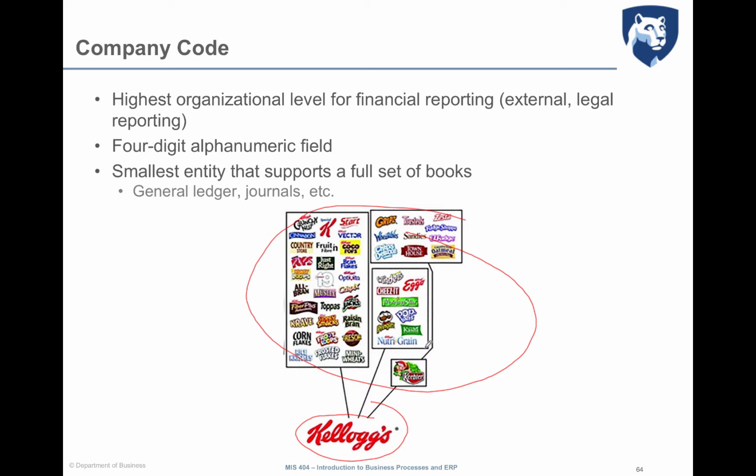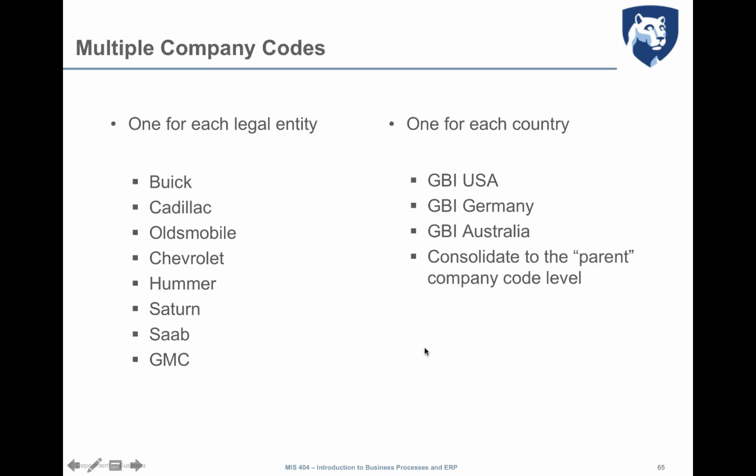In the case of GBI, if you remember, we will have GBI US and GBI Germany that will generate separate financial statements to meet the regulatory requirements for each country, and each one will have its specific company code associated. If you remember, US00 and DE00.